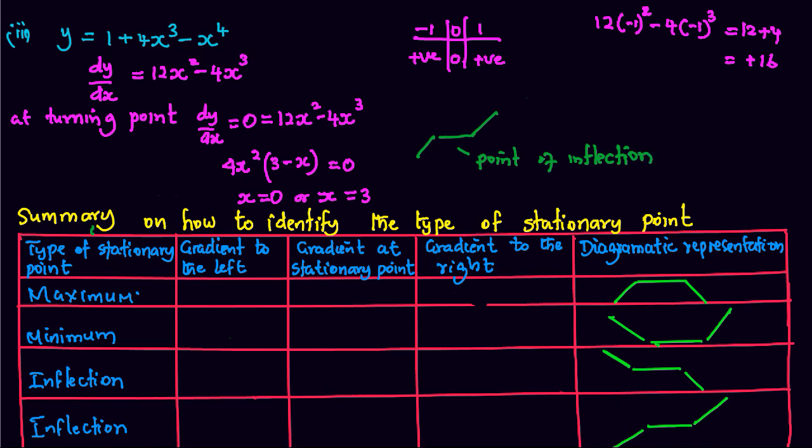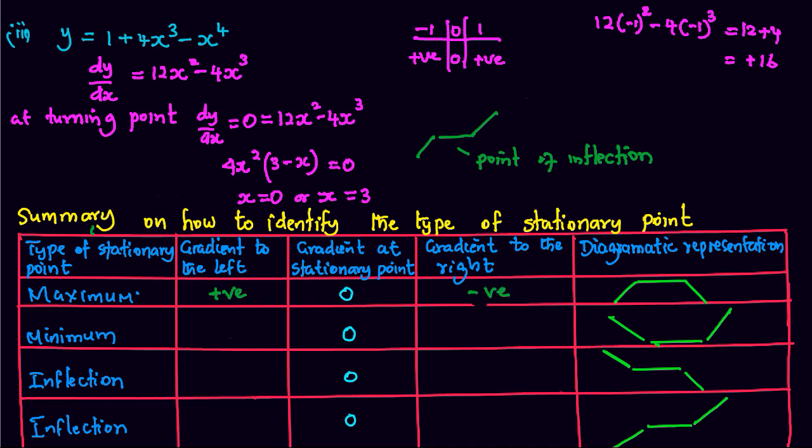So in summary, for various types of stationary points, the gradients at stationary point will be 0. For a maximum, gradient to the left is positive, while gradient to the right of the turning point is negative.